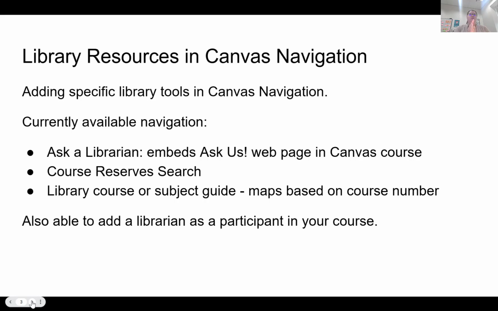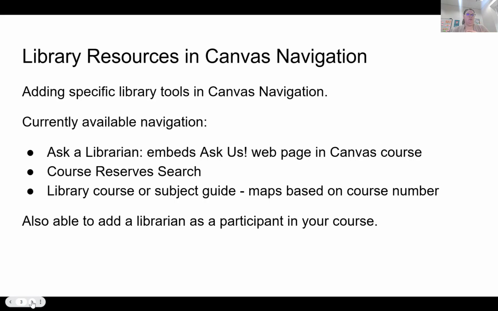Alright, so when we switched over to Canvas a few years back, we asked ODE to help us create a couple of Canvas navigation tools. These will show up in your students' Canvas course along with the different modules you have, as well as things like graded reading and any other apps that are there.